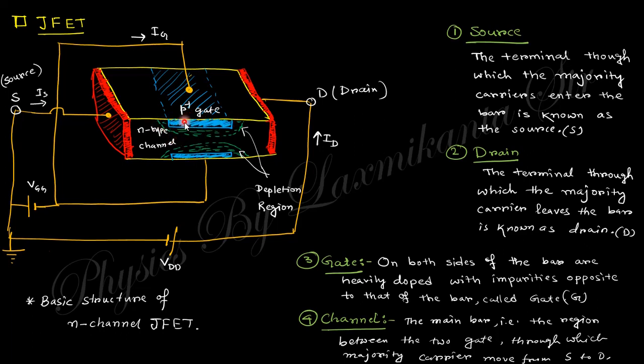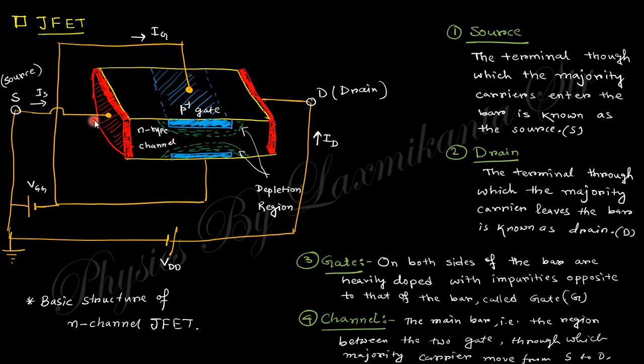Since the doping concentration on the p side is high, the width of the depletion region on the p side is less compared to the n channel side. So the depletion width in the n channel is higher compared to the p side, because the p side concentration is high, that's why the depletion region spreads over this channel.